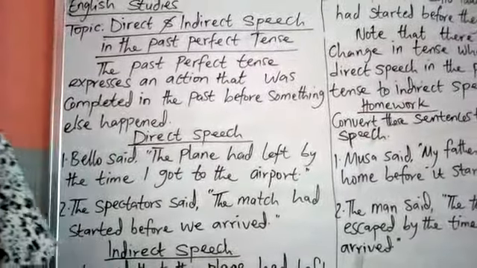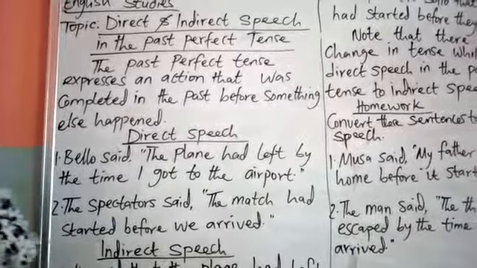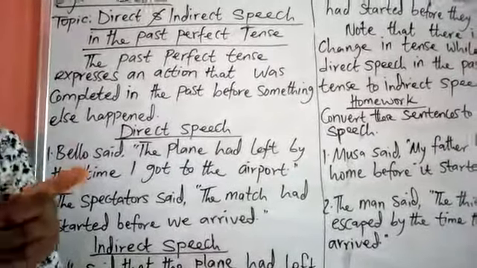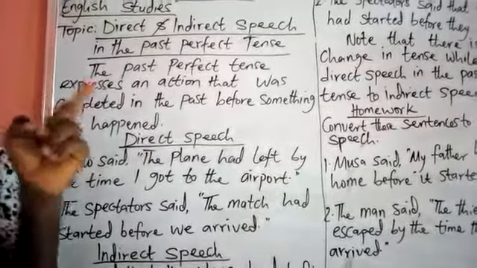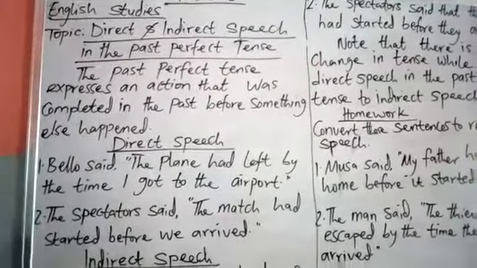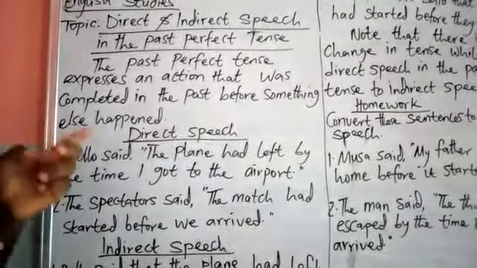Now, let's explain the term past perfect tense. Past perfect tense expresses an action that was completed in the past before another action occurred. So there are two actions in the past perfect tense. One took place before the other.